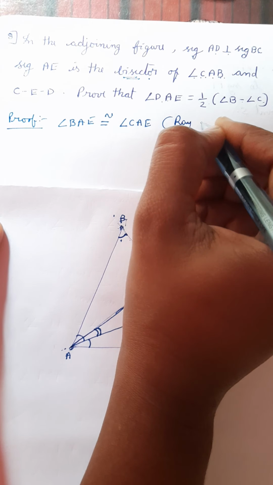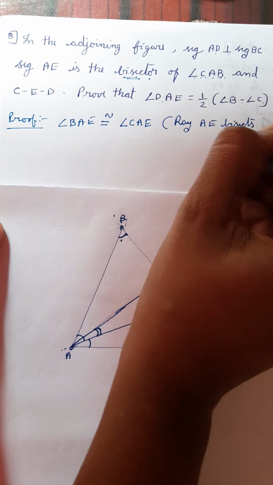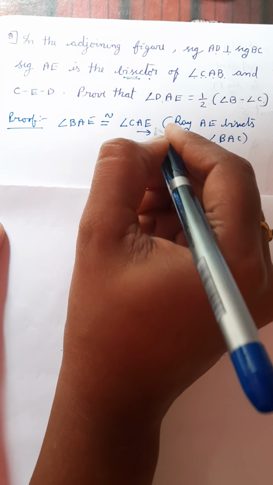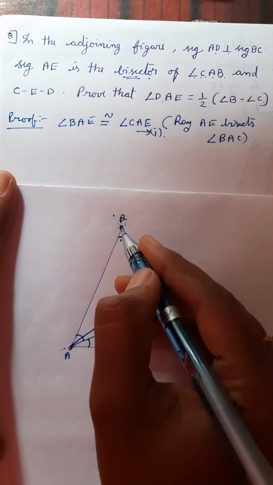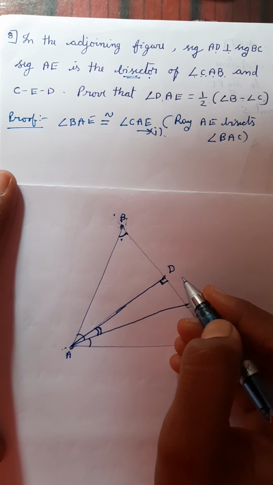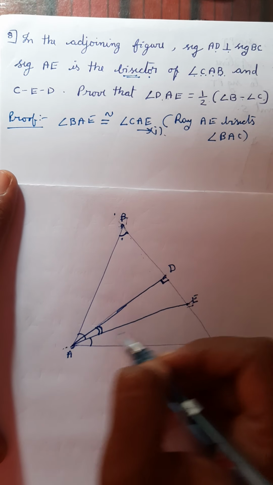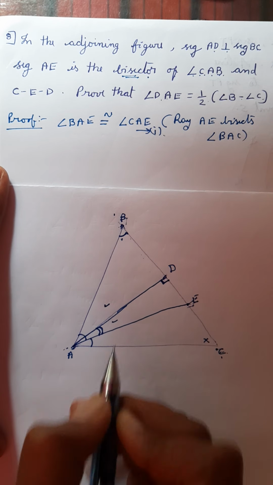Ray AE bisects angle BAC. Consider this as equation 1. Now here angle BAD plus DAE is equal to BAE, right? See, we will focus on these two angles.